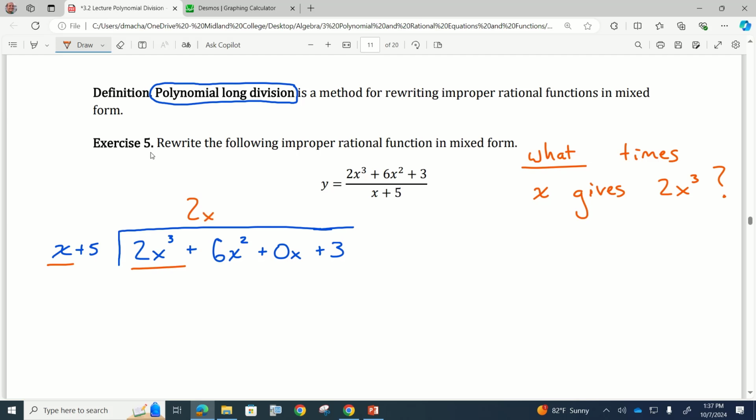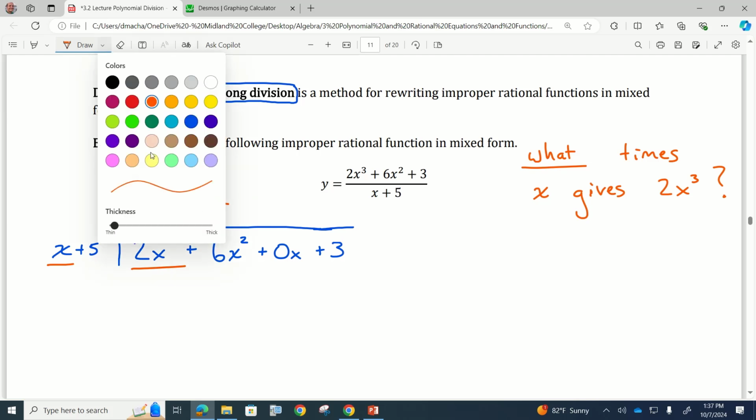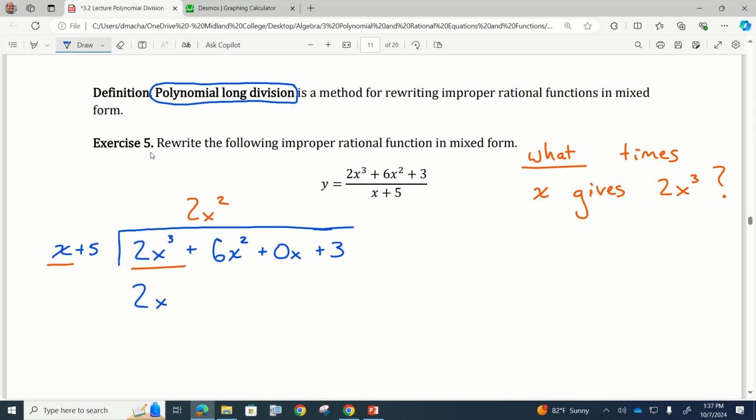Awesome. So 2x squared times x gives me 2x cubed. And I also have to multiply 2x squared times 5, which is going to give me 10x squared. And then we're going to put parentheses around this, and we're going to subtract it.